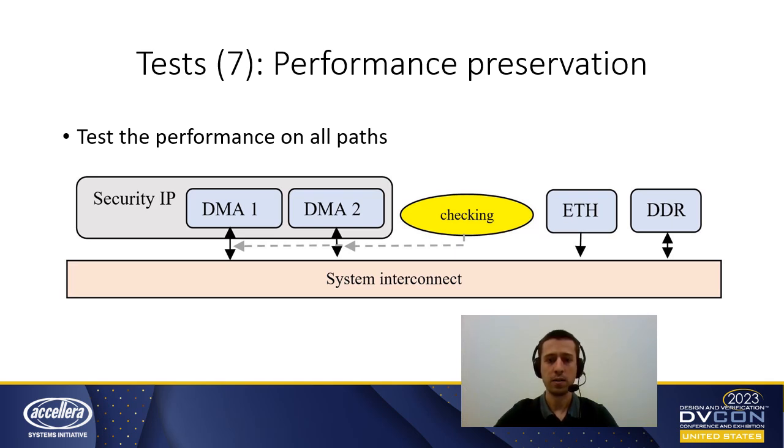For example, the security IP executes some crypto service, which means it uses both of its DMAs to access DDR memory. At the same time, Ethernet accesses the same memory, and we need to calculate the expected throughput in this case and make sure to check it's indeed met.